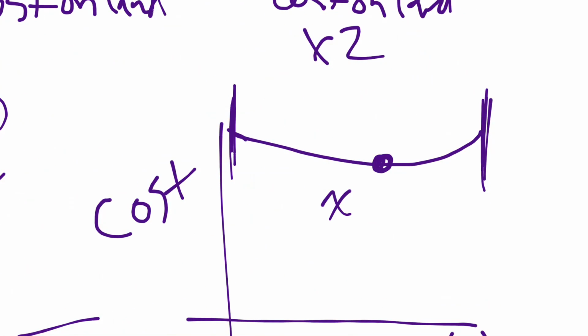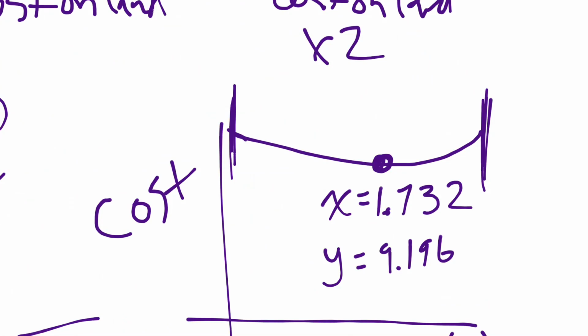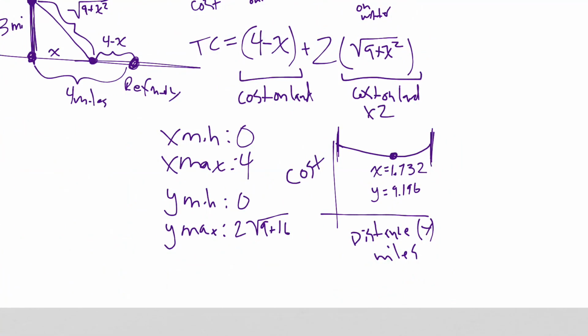Where x equals 1.732, and it tells us that y equals 9.196. And we don't really know what 9.196 represents, but we do know that the cost will be minimized when x is 1.732 miles.